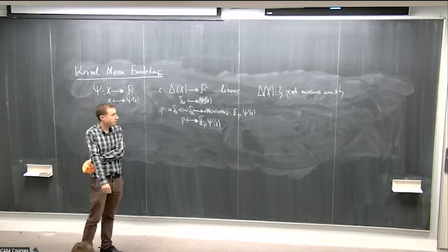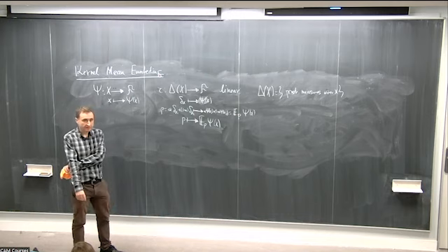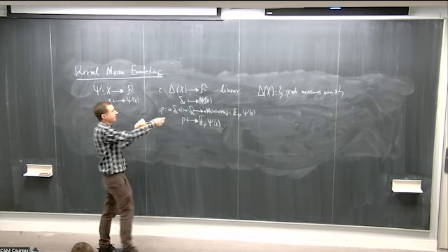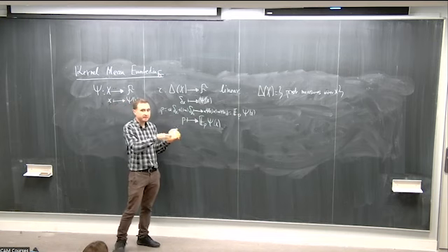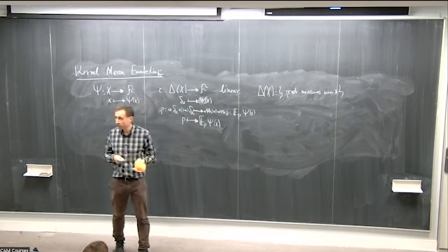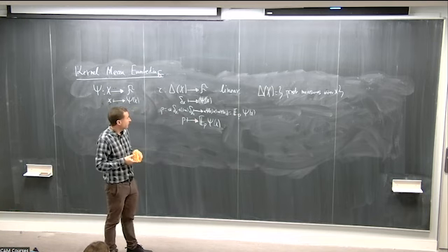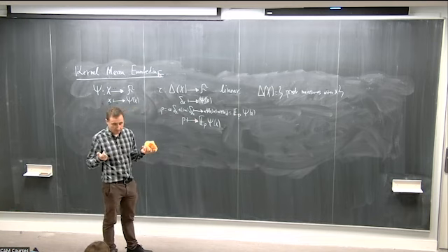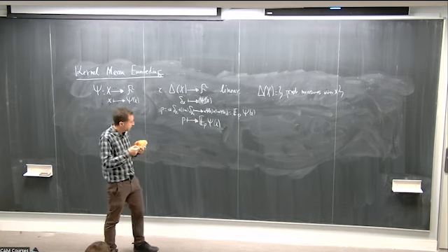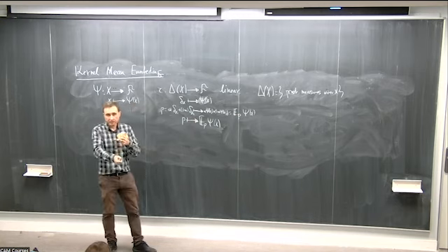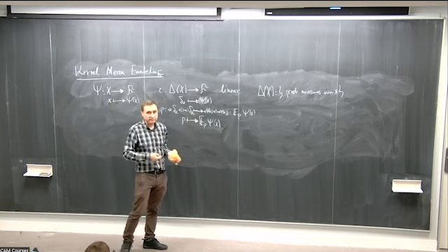Tomorrow we are going to see a few applications of this type of ideas. For instance, now in this Hilbert space we have inner products and everything, so we can define distances between probability distributions. We can find the probability distribution that is closest to some other distribution using the nice properties here.